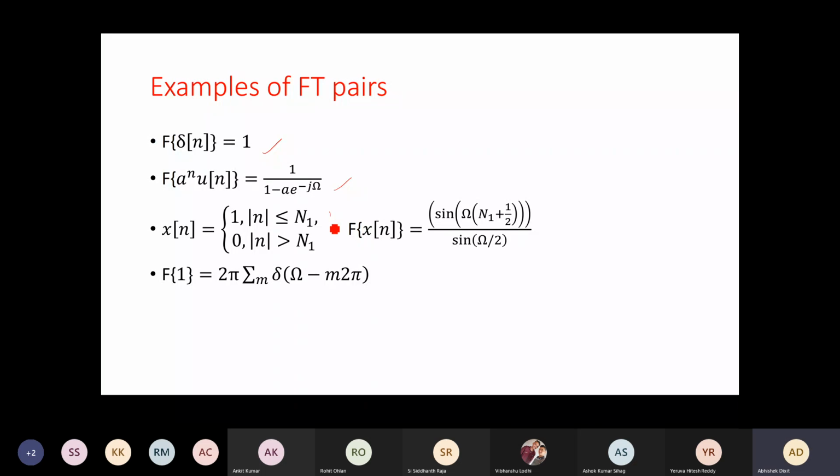If x n is a rectangular function, its Fourier transform is a sine by sine form. And Fourier transform of 1 is this function. You can verify that all the Fourier transforms are periodic functions, right? Because a discrete time Fourier transform is in general a periodic function.